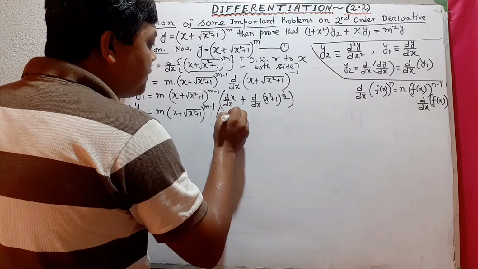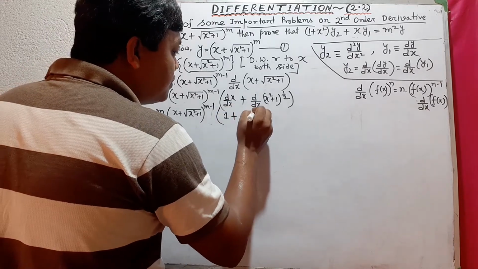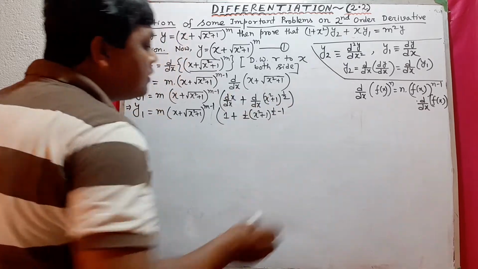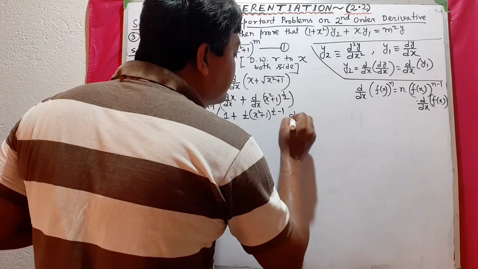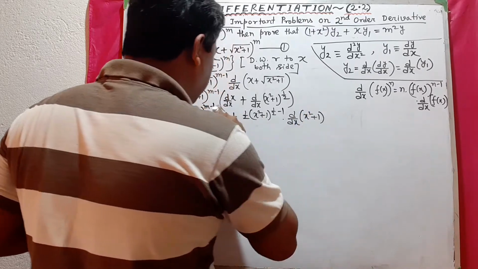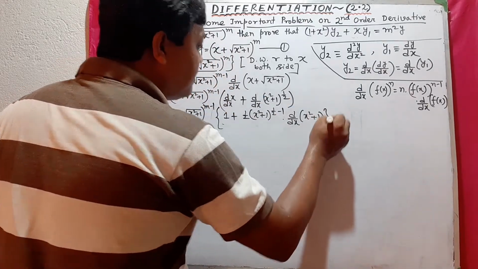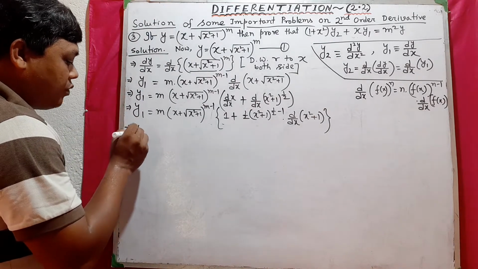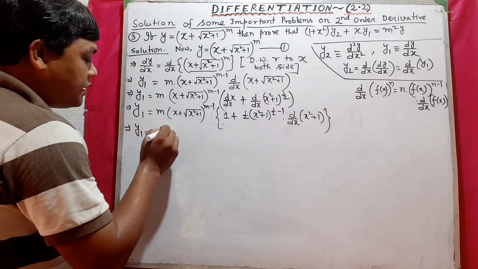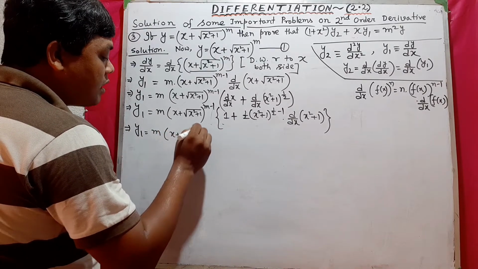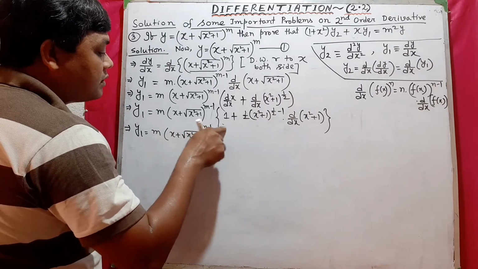This equals 1 plus half into x square plus 1 to the power half minus 1 and d/dx of x square plus 1. So if I take the second bracket, that gives y1 equals m into x plus square root of x square plus 1 to the power m minus 1.